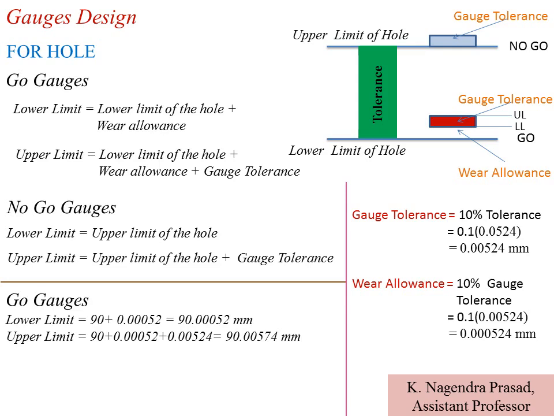So the upper limit of the go gauge value equals 90.00574 mm.